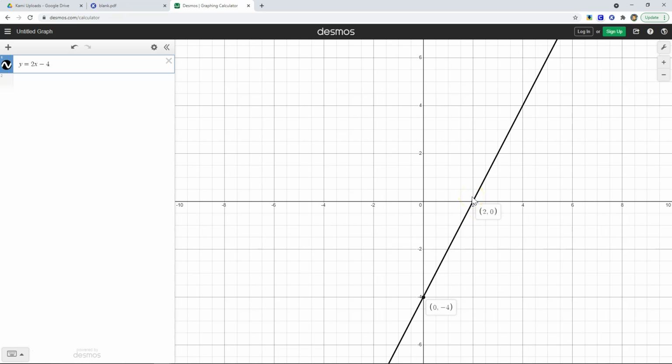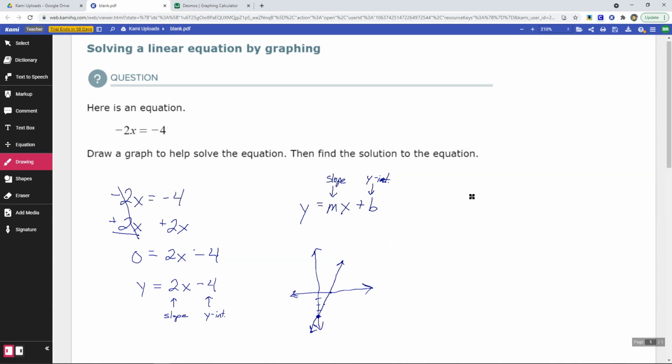And remember, we replaced our 0 with y earlier. So y is equal to 0. Well, when y is equal to 0, x is equal to 2, which is the solution to our equation. So when y equals 0, x equals 2.